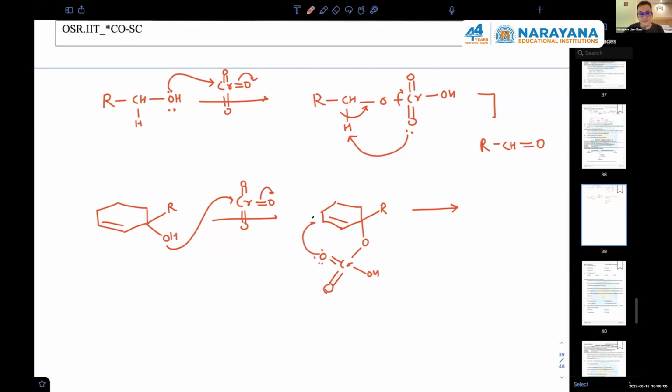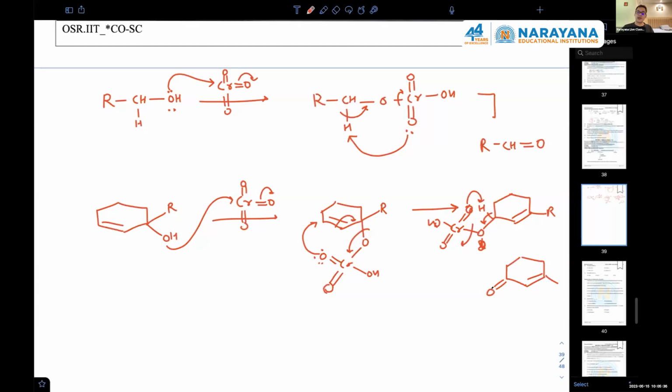This O will give back up, this pi will shift here and release this oxygen. You will get a double bond R here and here O, then this O, then this Cr, then double bond O and OH. Remove this bond, here we have H. Now this oxygen gives back to H, releasing electrons here, and this will move out. Now you will get the compound like double bond O.